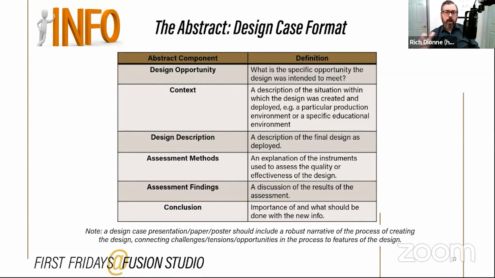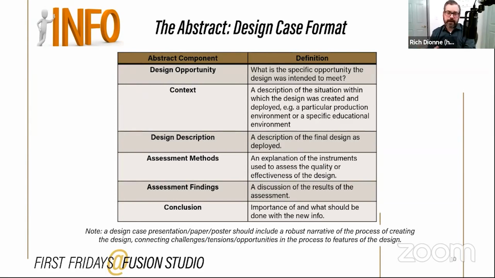Where it gets wildly divergent from the engineering form is the actual paper itself, or the actual presentation, which would include a very robust and rich description of the process of creating the design, including all of the tensions and challenges and opportunities that informed features in the final design.